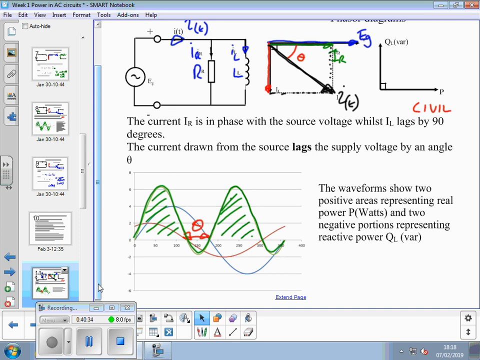And this bit down here is the overall reactive power, being wasted. So the two positive areas represent real power in watts, and the two negative portions represent reactive power, QL, volt amps reactive.